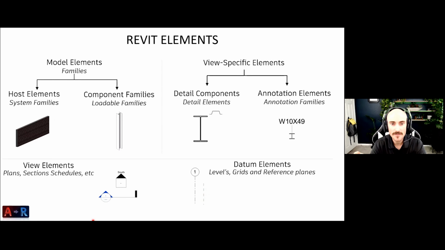Directly to the right, we have component families, which are loadable families, like columns. I've been referencing columns for the majority of this presentation, talking about how they're being placed, what height, depth, and location we're placing them at, and these are loadable families.